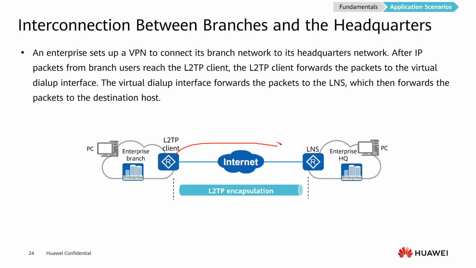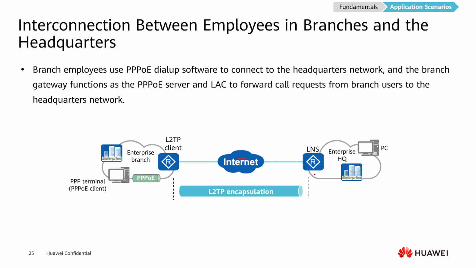You put one client on one side, another on the other side, create the L2TP tunnel, and write some route entries so you can reach the other side. There are other scenarios where devices inside create a PPPoE session, and the PPPoE can also be carried over L2TP.